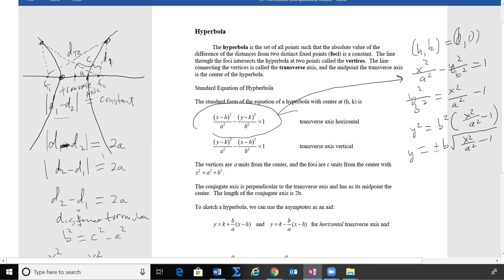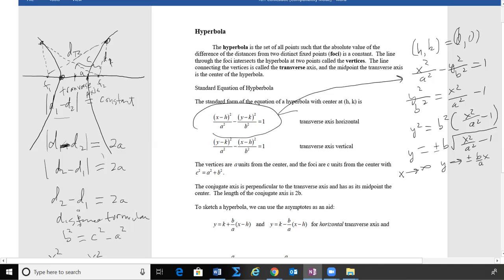Now, if you look at the limiting behavior of this expression, what happens as x goes to infinity? You'll notice inside here, the minus 1 doesn't really affect much when x is large. So you really just have y heading to plus or minus b over a times x.